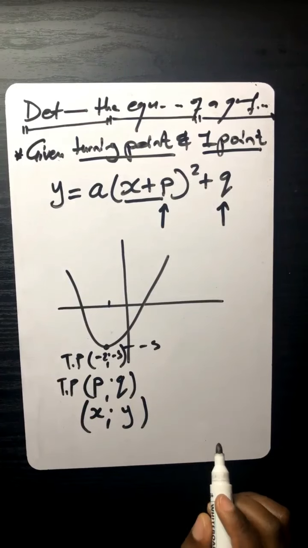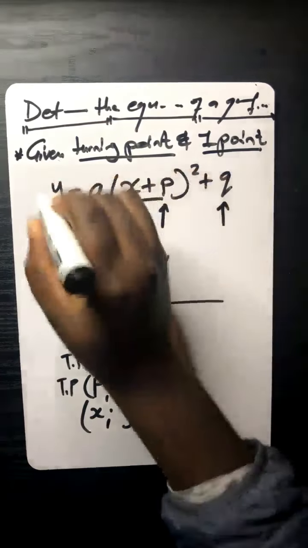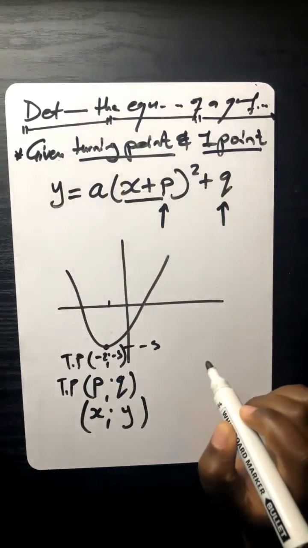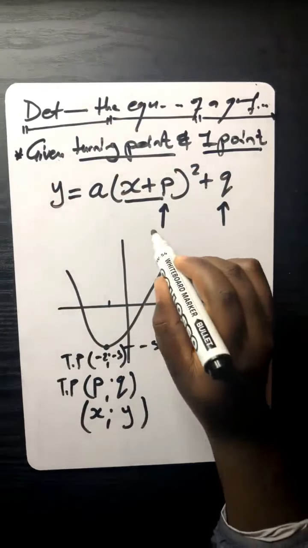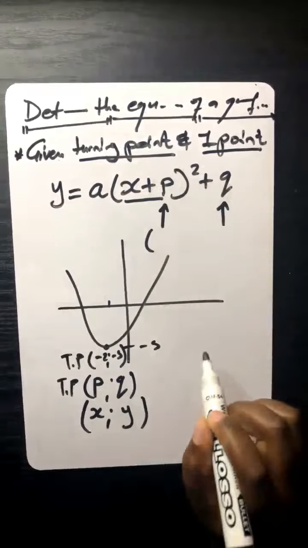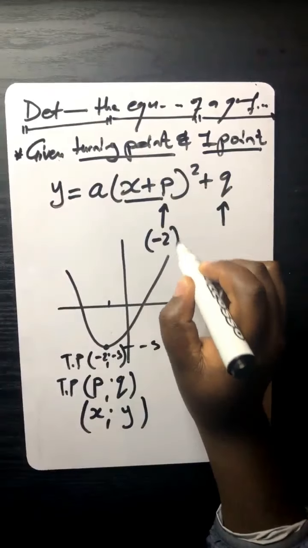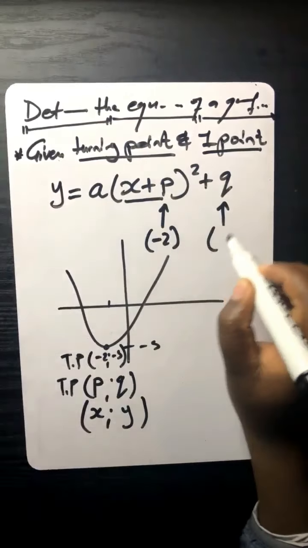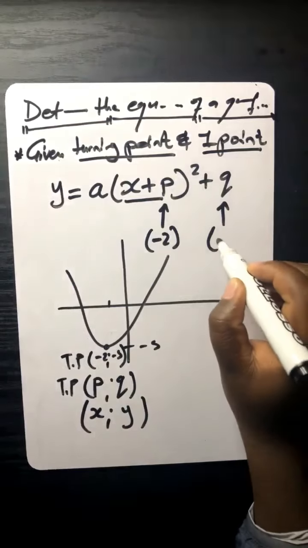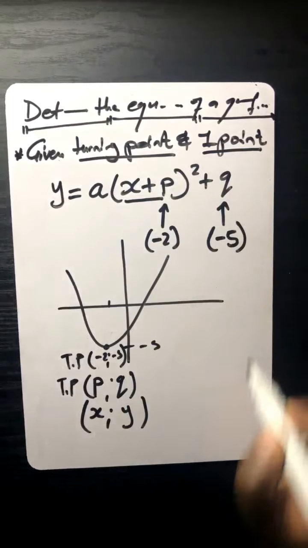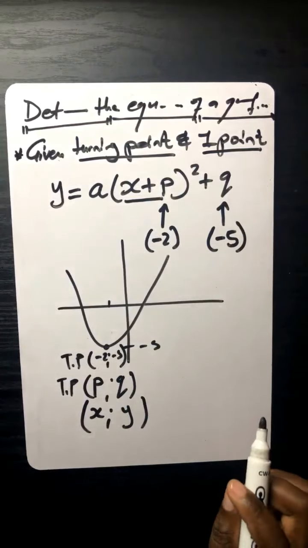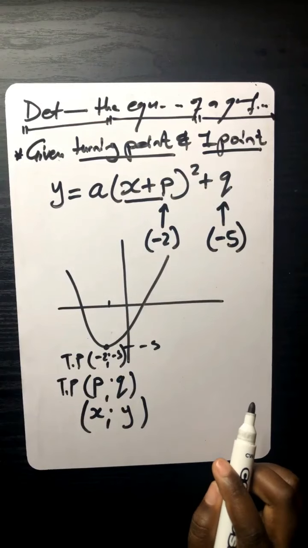Which means when you substitute your P and Q, or when you substitute your turning point, in place of P you are going to substitute -2, and in place of Q you are going to substitute -5. You are most likely to make a mistake when you substitute, guys.